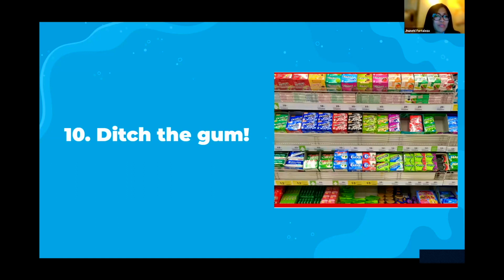It's made with polyethylene, and that's the same stuff that is used to make everything from plastic bags to hula hoops. So what you're chewing on when you're chewing gum is that plastic that is in your plastic bags. So try to look for plastic-free gum if you really, really have that craving to chew gum, but otherwise try to stay away from it.